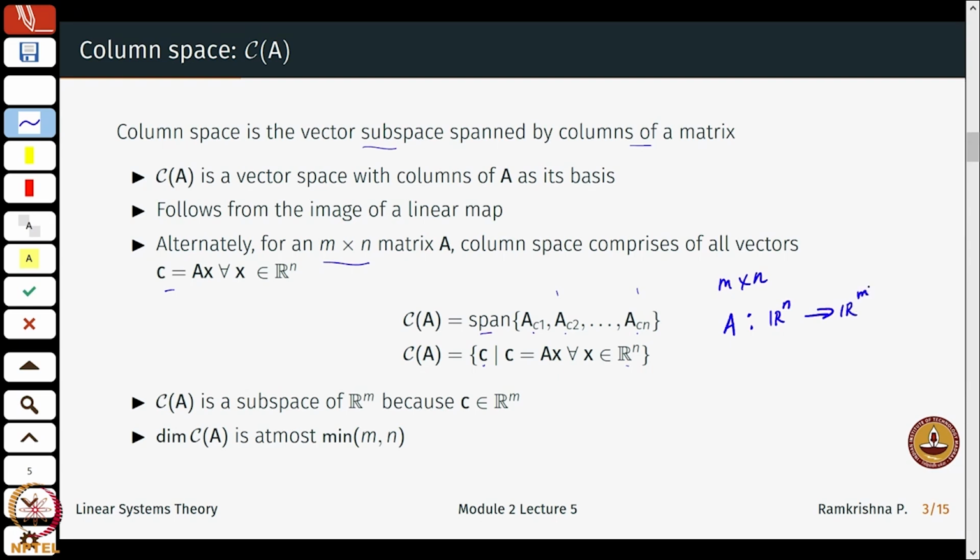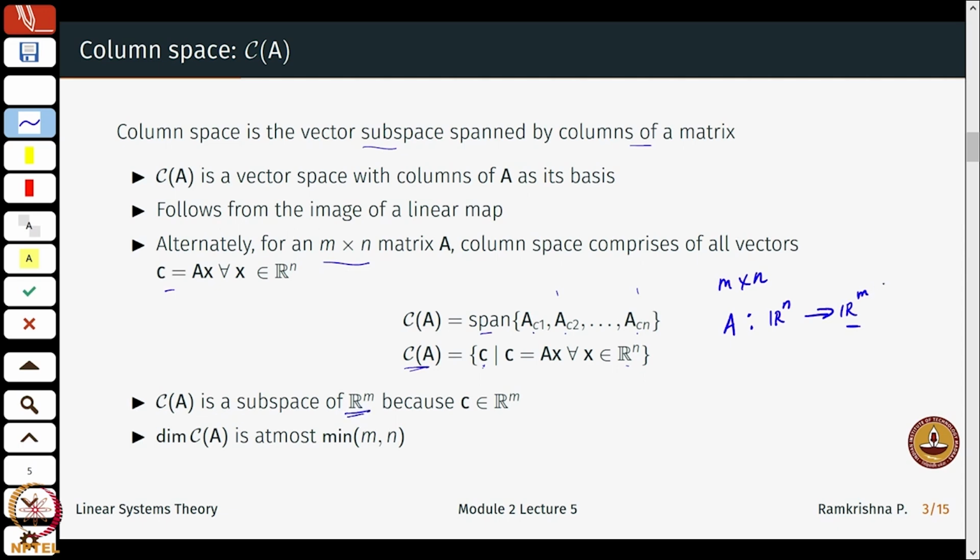Now, C of A gives me elements in the space Rm, and therefore C of A is a subspace of Rm.